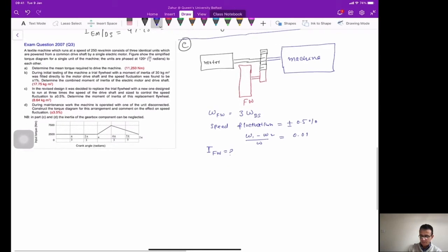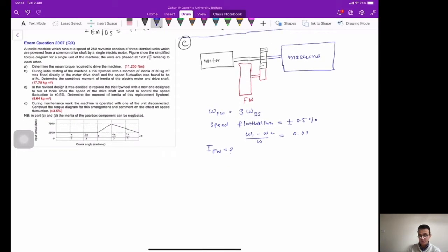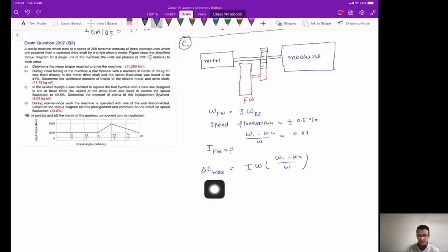Now obviously we can use our usual equation for the maximum energy fluctuation, which is this equation here. So delta E maximum is equal to I omega, and then you have omega 1 minus omega 2 divided by omega. Now in this case you will need to modify this equation slightly, because now we have two systems.